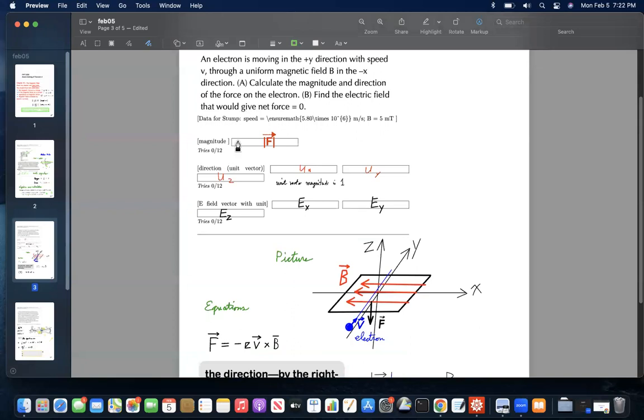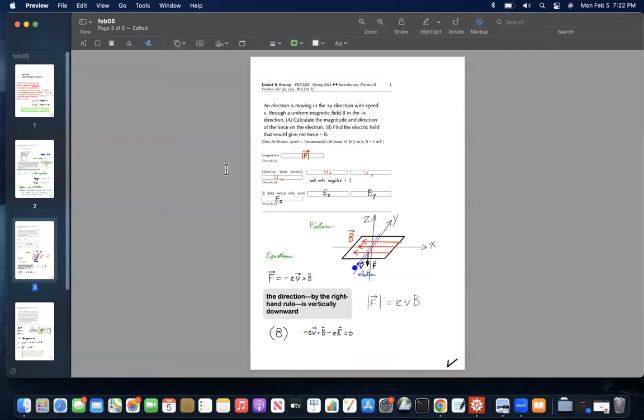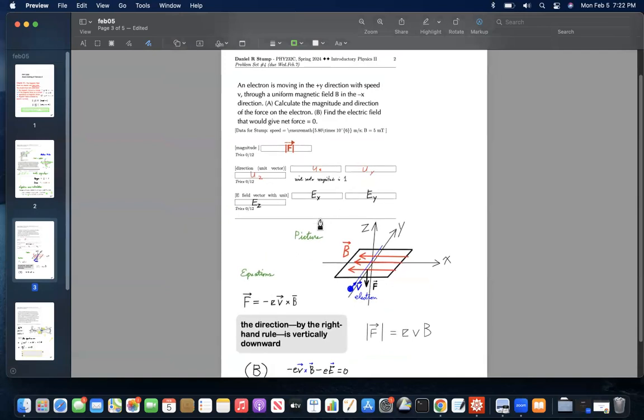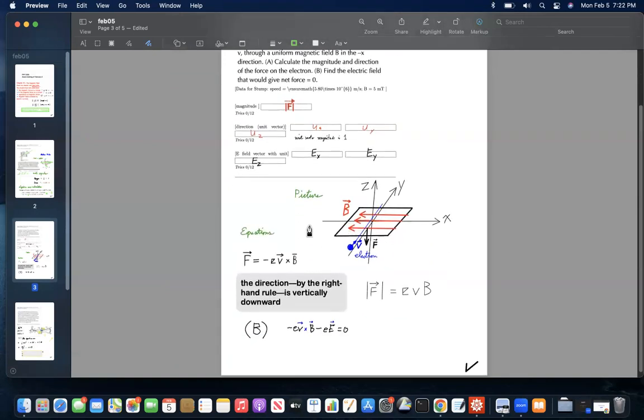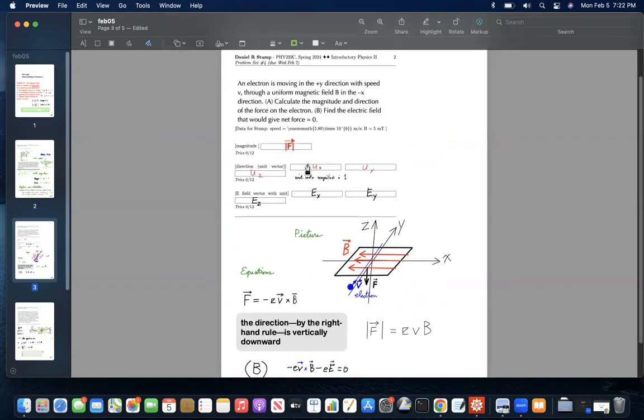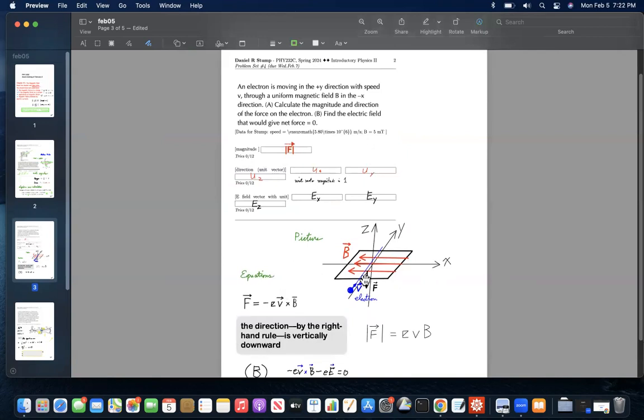So there are two parts to this question. And our first step should be to draw a picture. So here's a picture. Let's draw X, Y, and Z axes. So X and Y are this plane, Z is perpendicular to the plane.